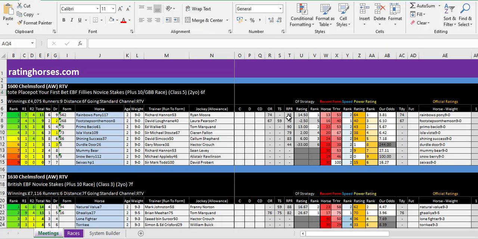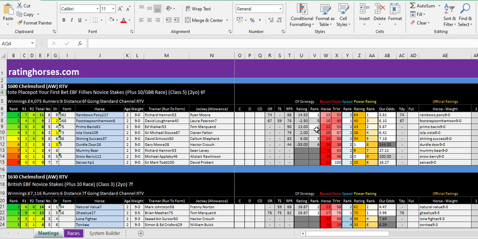The next column is OF strategy. The first column gives you the rating and the second column gives you the rank. So as we can see, the highest score here is 14.50 for Rainbow's Pony, which makes that the top ranked OF strategy horse.